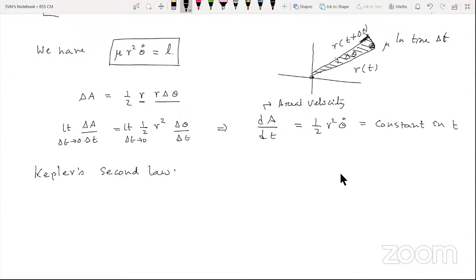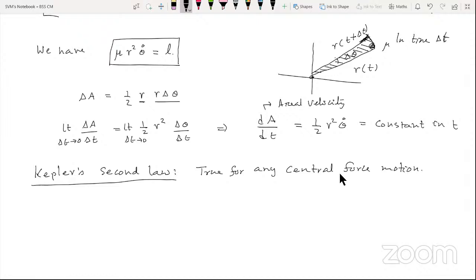And of course, Kepler had written down this law for planetary motion. That means it is for a particular potential, that is the 1 by R potential. But we have not bothered about what V of R is here. So Kepler's second law is actually true for any central force motion. Not only for planetary motion, but any central force motion, it is true.